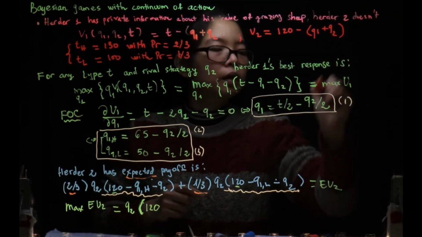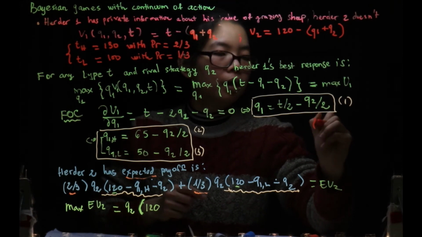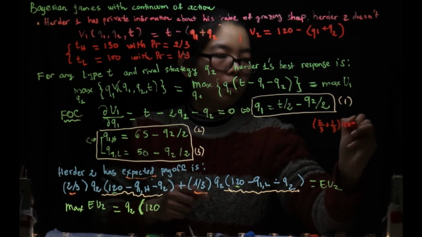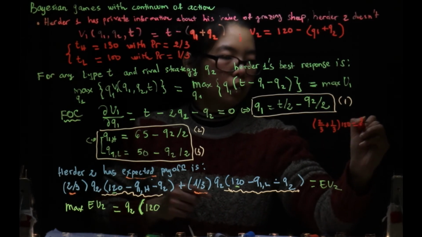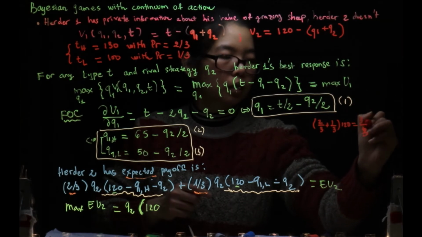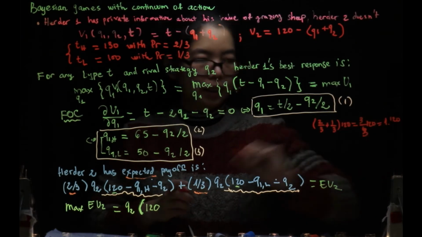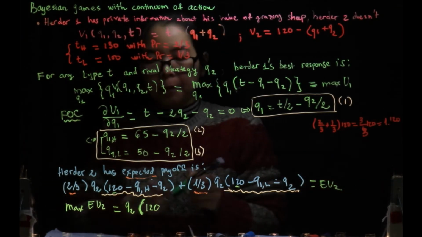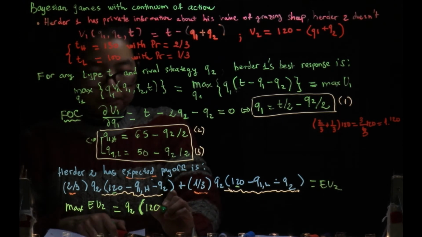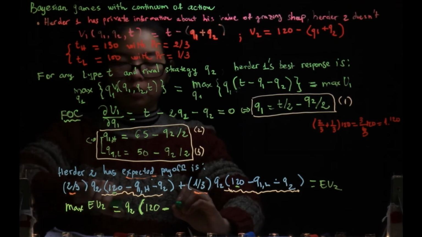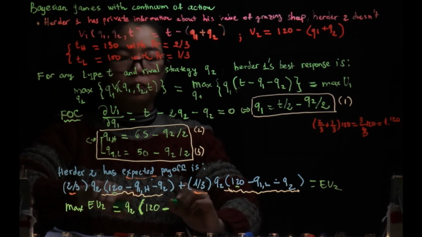For example, 2 plus 1 is 3/3. Sorry. 120 equals 1 times 120. So that's the idea. Plus minus 2/3 times Q1 high.